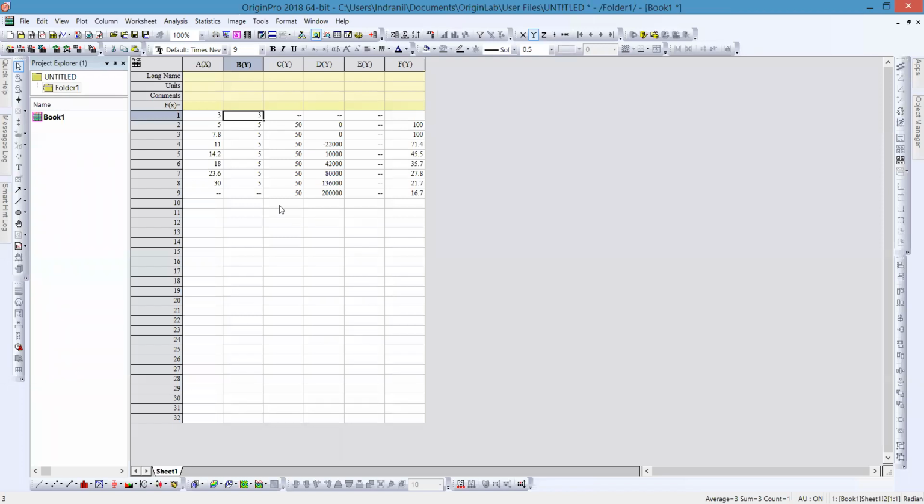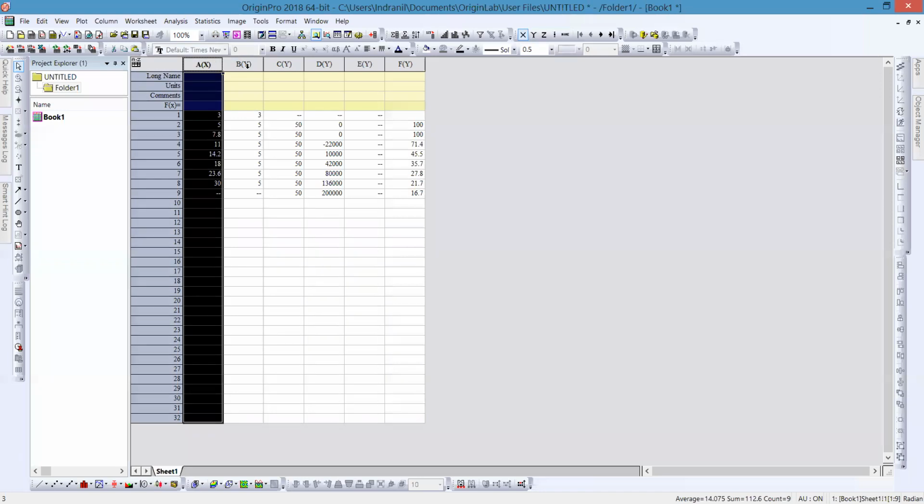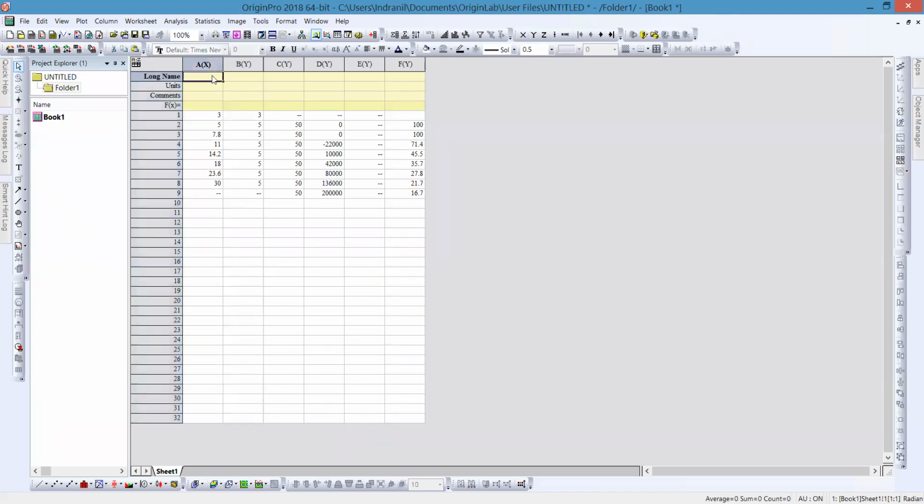Now is it visible? Yes, sir. So what I have done, this is our input voltage and this is our output voltage, as it was given here. We have taken the data from that VLab experiment.